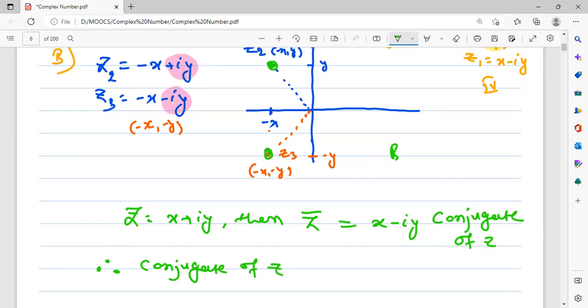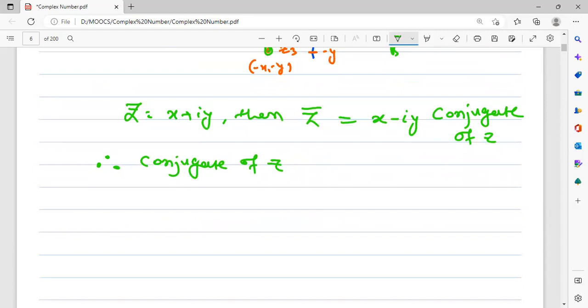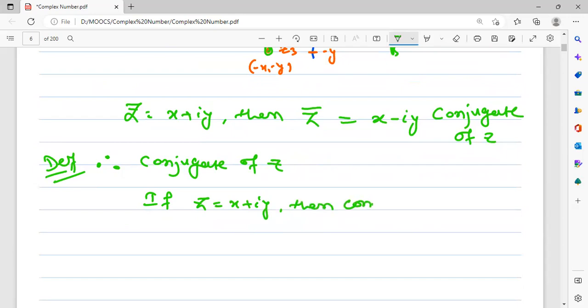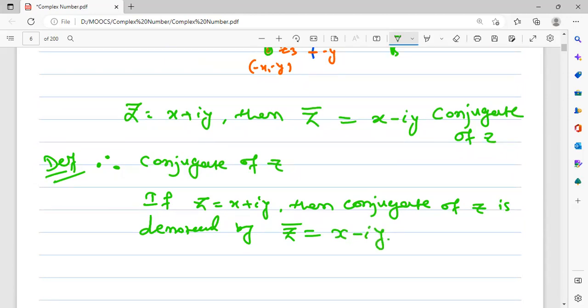For any given complex number, if z is equal to x plus iy, then the conjugate of z is denoted by z bar and is equal to x minus iy.